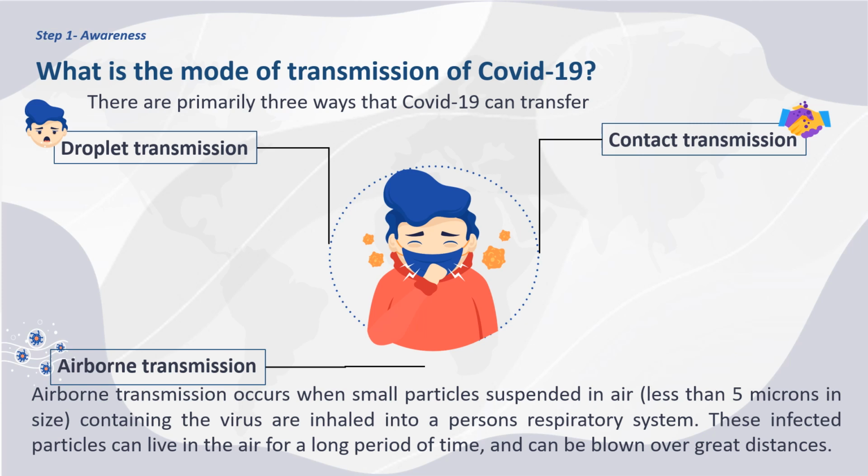Contact transmission occurs when there is a physical contact between an infected person, contaminated object and another person. This can happen either through direct or indirect contact. Droplet transmission happens when an infected person coughs, sneezes or talks, and tiny drops from the infected person enter another person's eyes, nose and mouth.